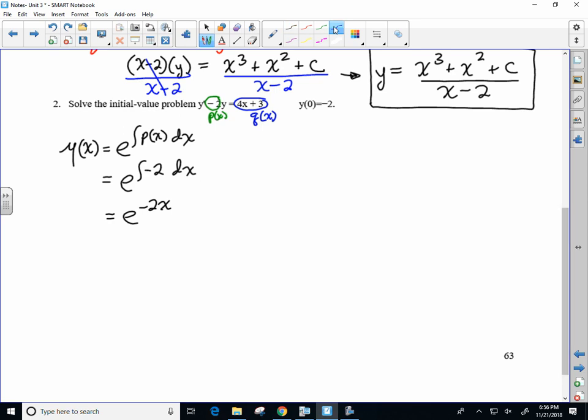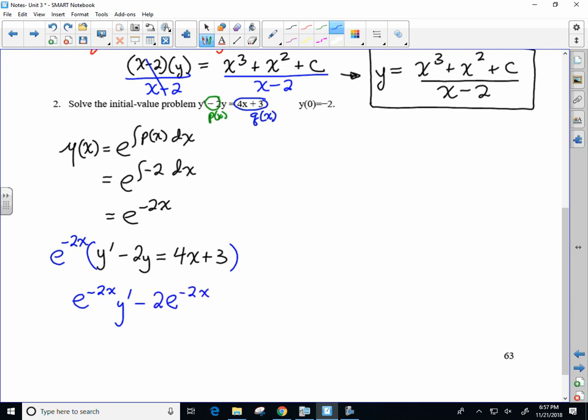What I'm going to do is take my original differential equation, y prime minus 2y equals 4x plus 3, and multiply the whole shebang by e to the negative 2x. So on the left-hand side, I'm going to get e to the negative 2x y prime minus 2e to the negative 2x y equals, and then on the right-hand side, I might as well just distribute it.